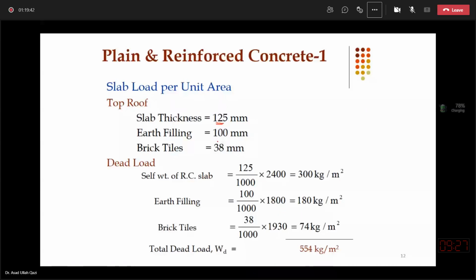And then on the roof slabs, there are brick tiles. So this is a common roof treatment.